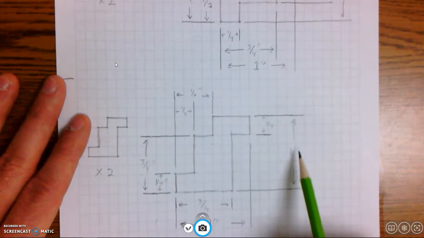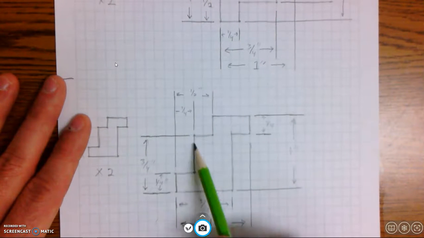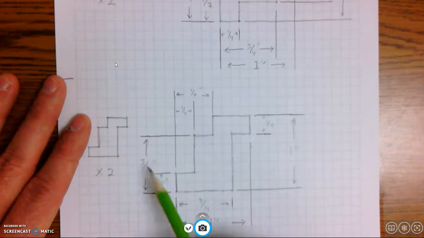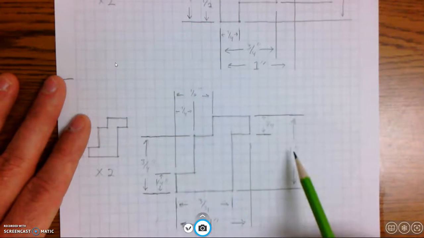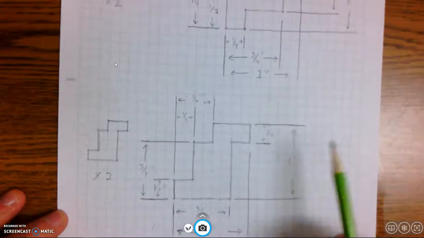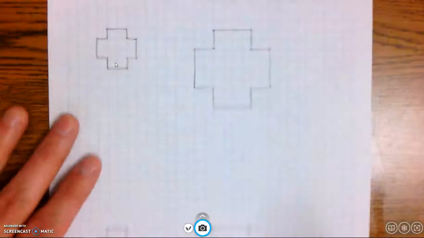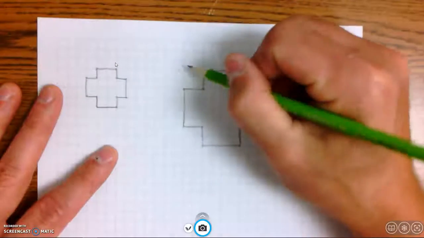So now as I look at it, I've got my overall. I can figure out what this side is just by subtracting those two, and I can figure out what this one is by subtracting the 3/4 from the 1 inch. So that's the second one. Third shape.